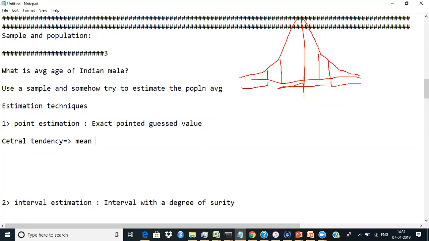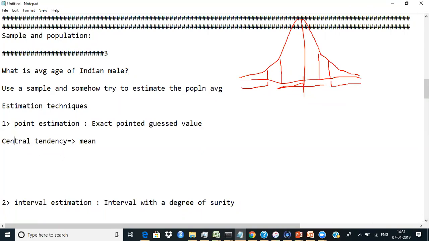There is a difference between them. Make sense? So in our case, when I calculate the average age of Indian male, the population average will probably be the data from census. Census actually goes door to door to collect data, right? So they will have exact data on all Indian male. I can use the census data to get the population average. When I talk about sample average, my sample average will be only based on the 10, 20, 30 points that I have collected. Make sense? Okay.